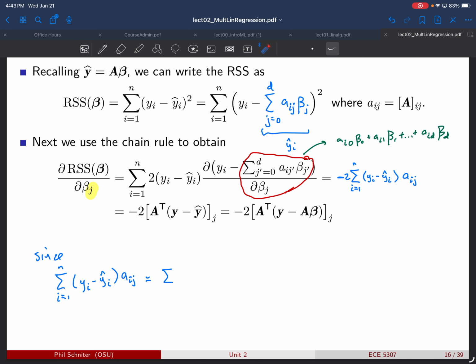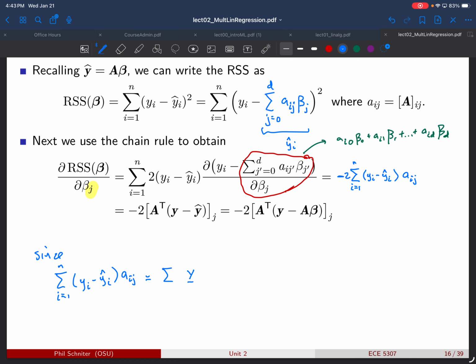So we want to make sure that the i index is the middle index, and it is. So we can say that we have vector y, the ith element, and matrix A, the ijth element, and I'm summing over i.